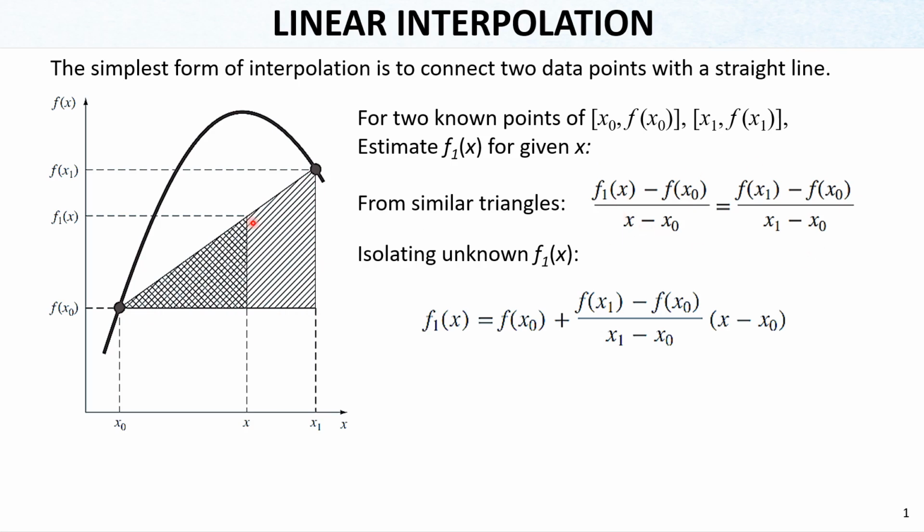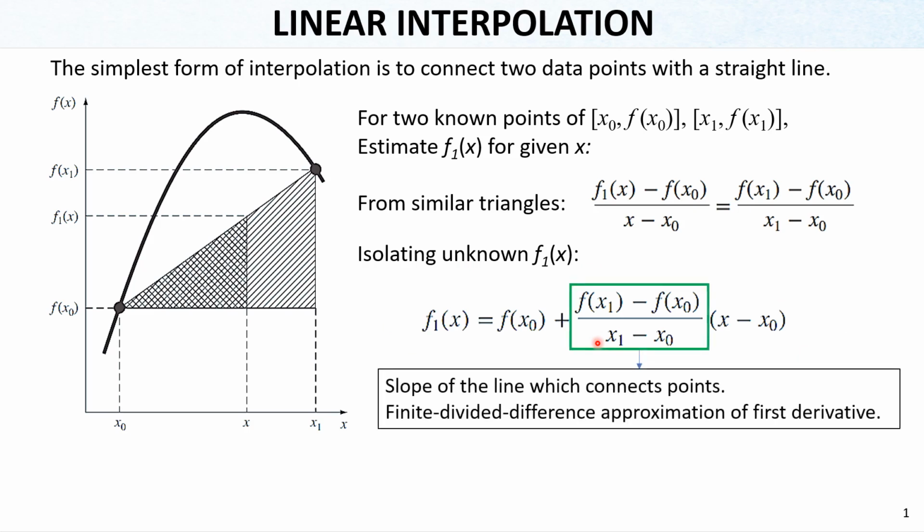So when we write them, you can see f(x1) minus f(x0) here, and x minus x0 here. Then f(x1) minus f(x0) here, and x1 minus x0 here. If we isolate f1(x), because we don't know this value, we obtain the linear interpolation, which is the same as Newton's first order polynomial.